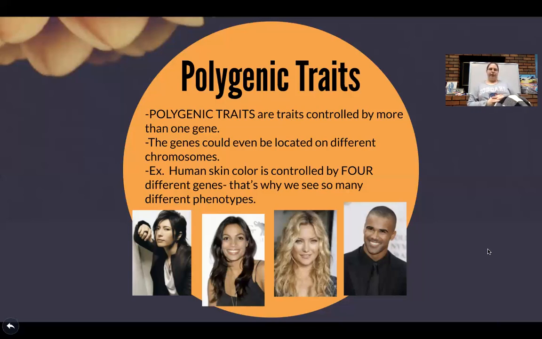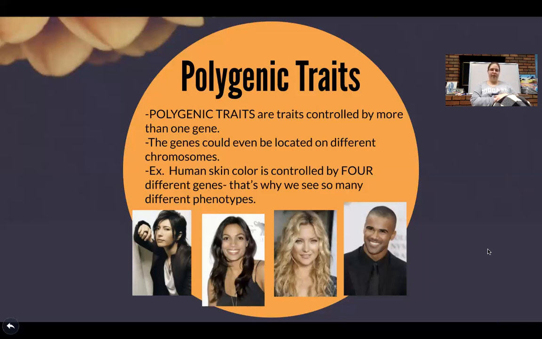We see a wide range of skin tones. We see olives, we see pale brown, we see dark brown, we see medium brown, we see tan, we see peach, we see all these different shades. And the reason for this massive amount of variation is simply because we're looking at how 4 genes are affecting the expression of this one trait.